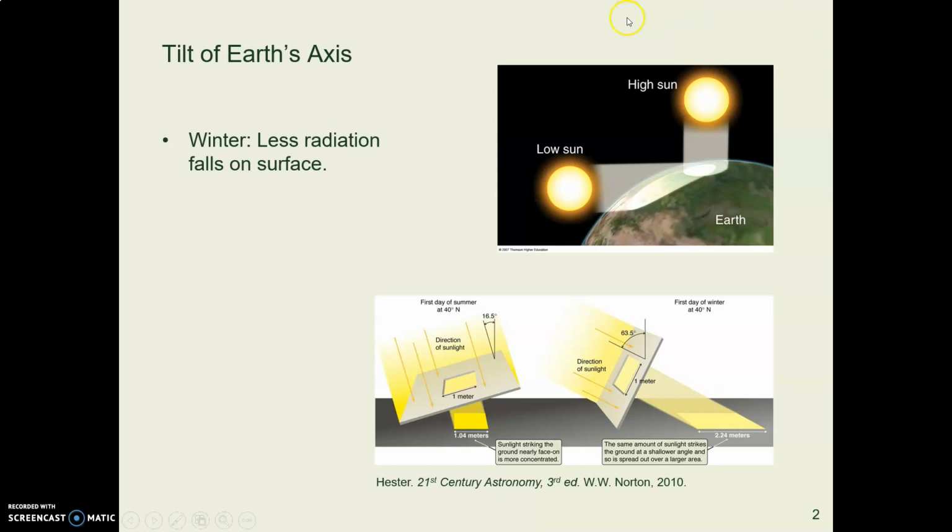In the summertime, the sun is closer to straight overhead, and we get a concentrated area of solar radiation. In the wintertime, the sun is low in the sky, and the same amount of solar radiation is spread over a bigger area.